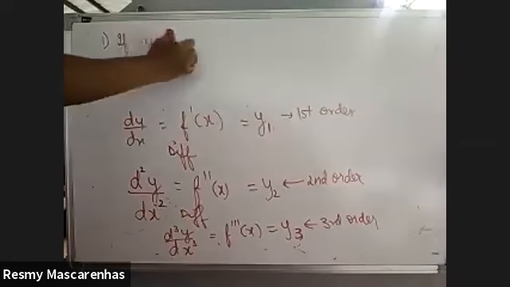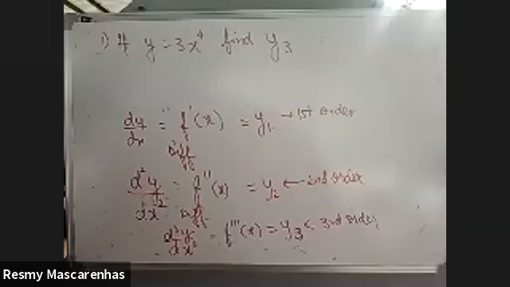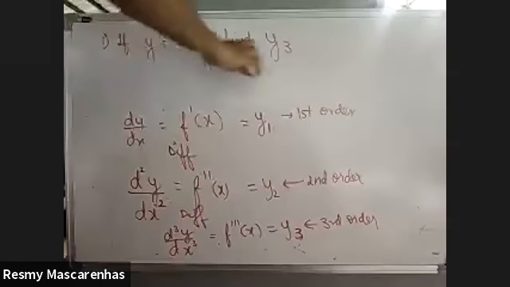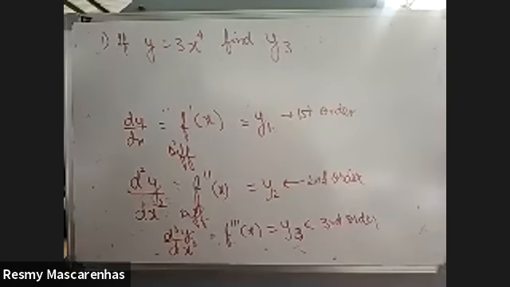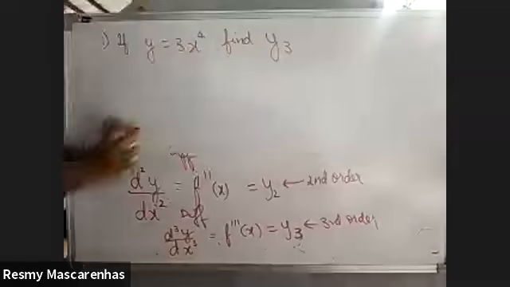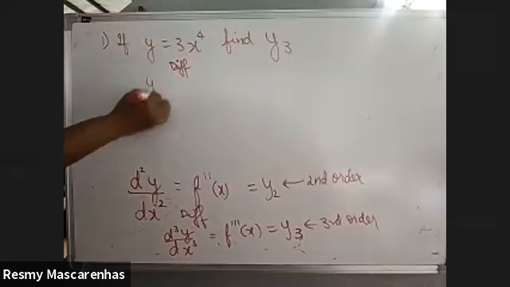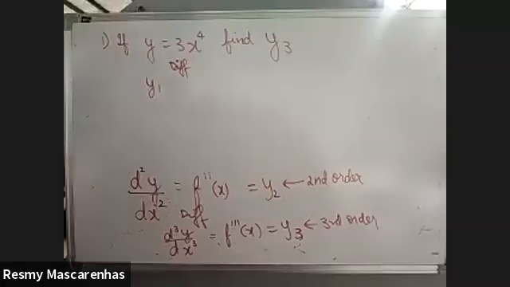If y is equal to 3x raised to 4, find y3. The problem given is y is equal to 3x raised to 4, and we have to find y3. Means we'll have to differentiate the same function three times. The first time we differentiate, this will be y1, also called dy by dx.